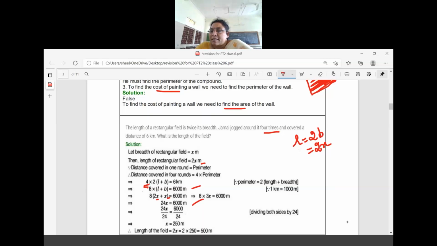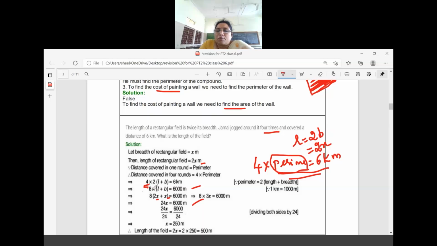Here we have taken the breadth as x. Now here what happens? 4 times he made the round. So that is 4 into perimeter equal to 6 kilometers. This is the condition we are having. 4 into perimeter is equal to 6 kilometers. That only is written here. You know the formula for perimeter. Since it is a rectangle, what is the formula? 2 into L plus B.